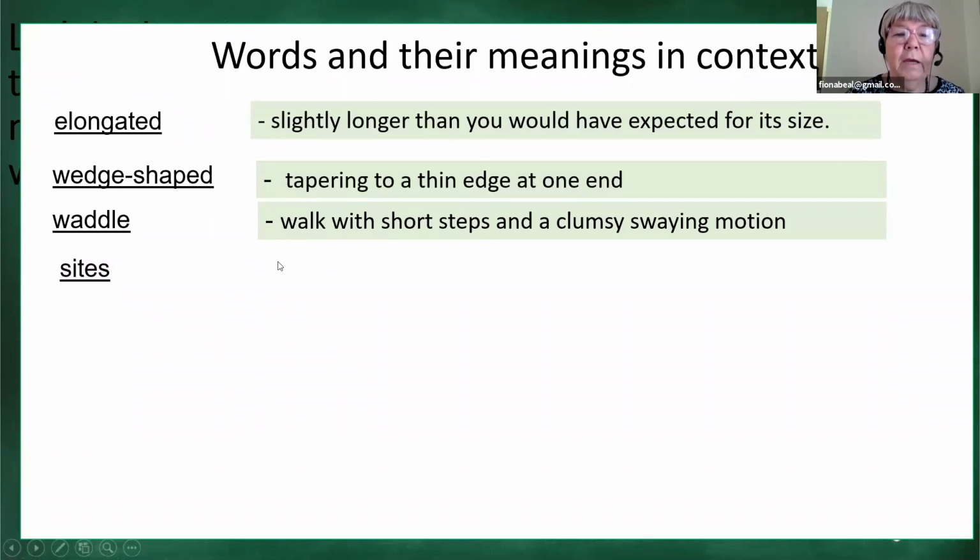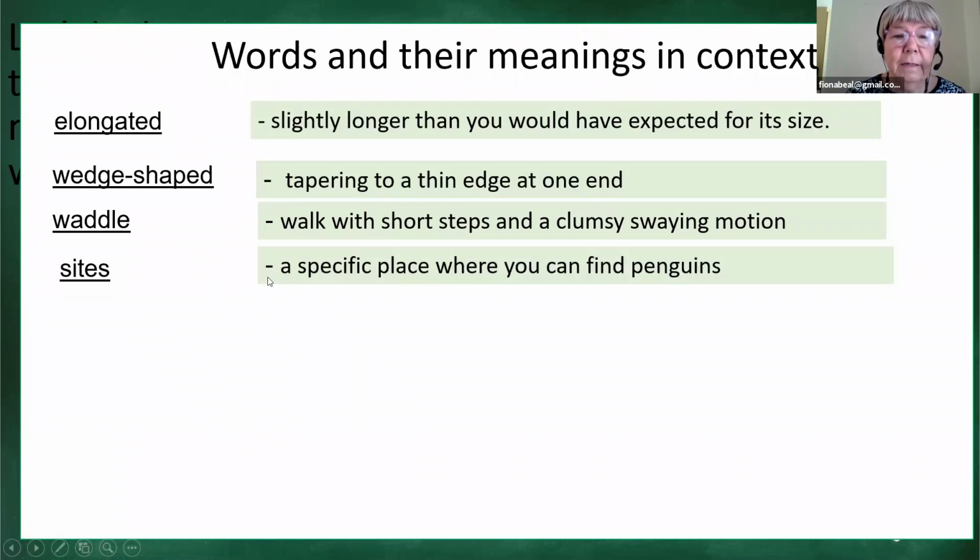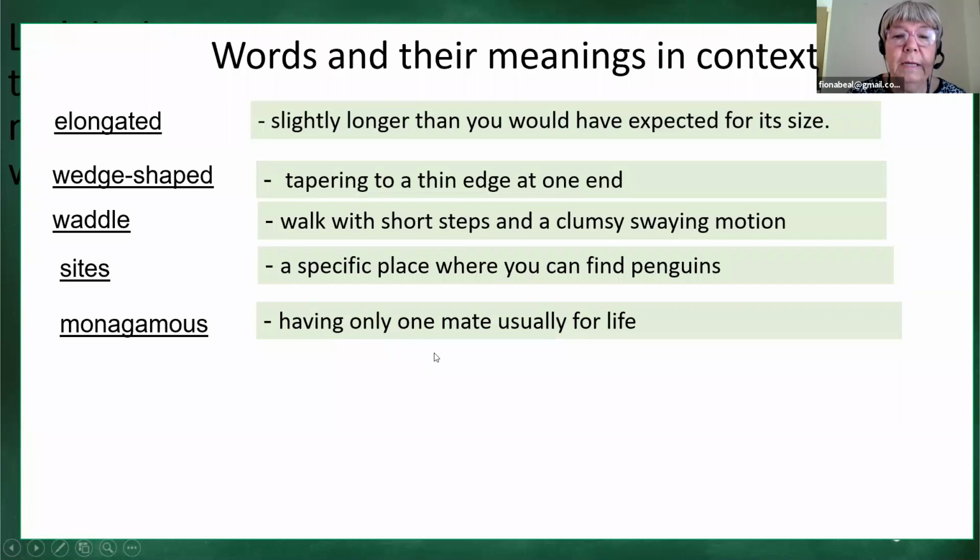You find penguins on quite a few sites in Africa. Sites meaning specific places where you can find penguins. There's one just near Cape Town, just near where I live, Boulders Beach. Penguins are monogamous. That's a big word, but all it means is that they have one mate for life.